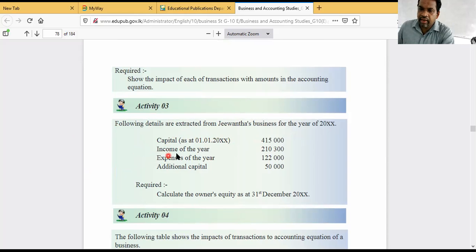Then you can add income for the year 210,300. Again, you can add additional capital 50,000. Then take the total. From that total, you can deduct expenses of the year 122,000. Within brackets, then you take owner's equity as at 31st December 2020. But if you are given drawings in another question, again you deduct drawings also, then reach the closing equity or ending equity.